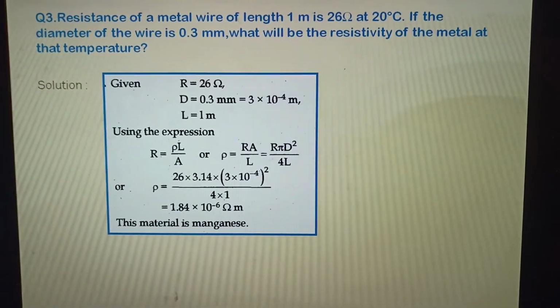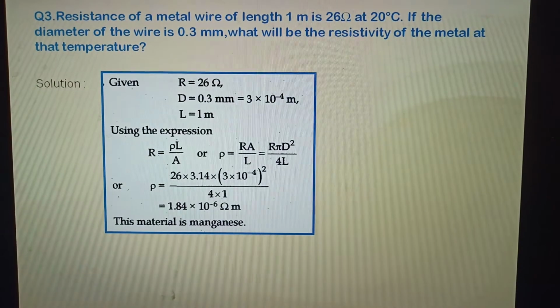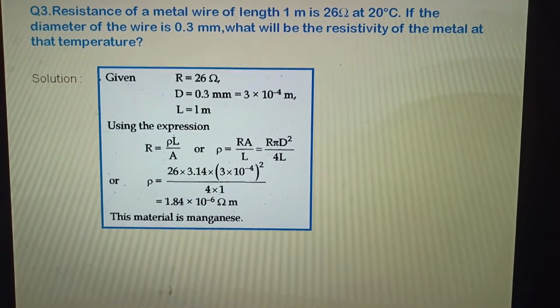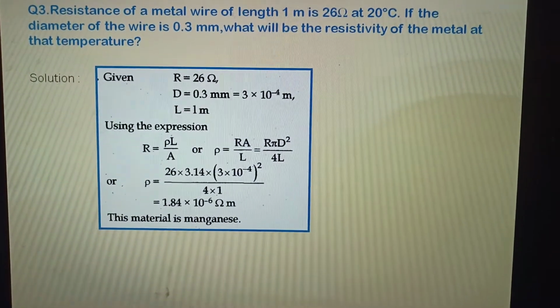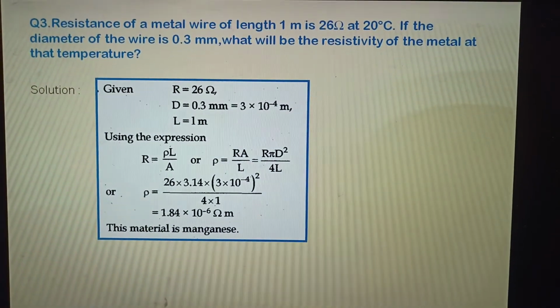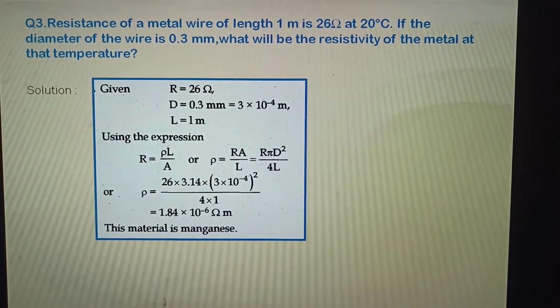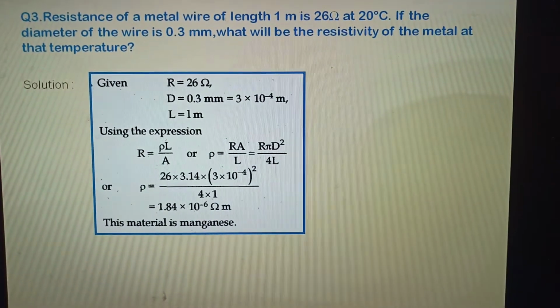So if we convert millimeter to meter, we divide by 1000. We write it as 0.3 into 10 raised to power minus 3, and in standard form it is 3 into 10 raised to power minus 4 meter, and length is given as 1 meter.